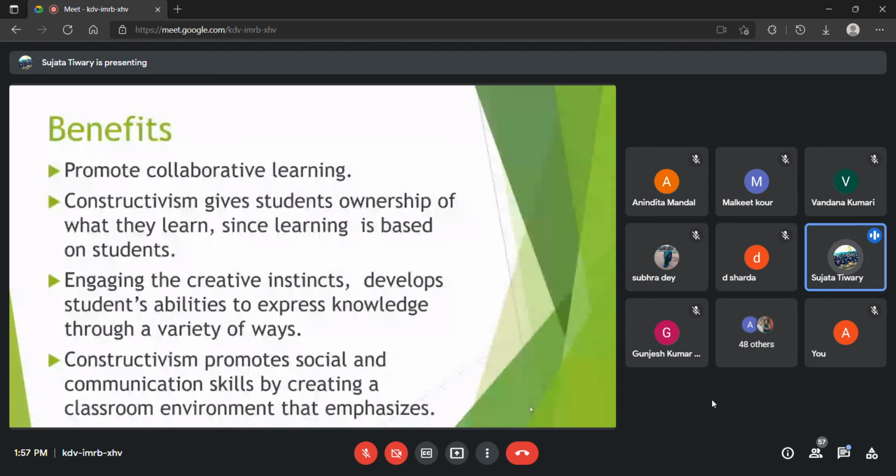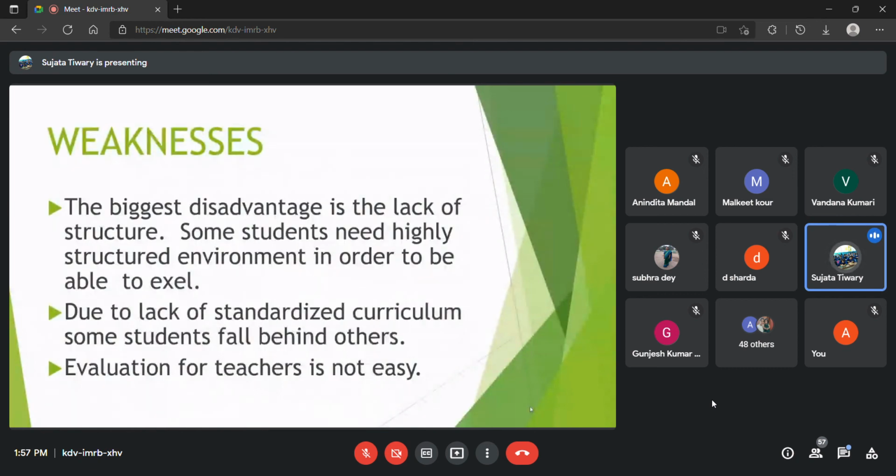Now some weaknesses are also there. The biggest disadvantage is the lack of structure, because some students need highly structured environments, because learning is on their own pace. By their own knowledge, by their construction, so it takes time.